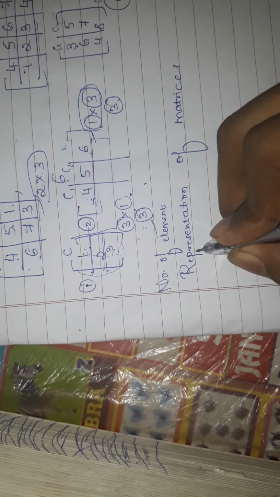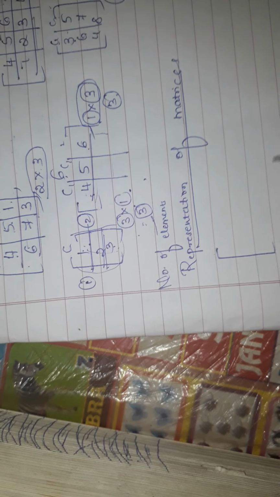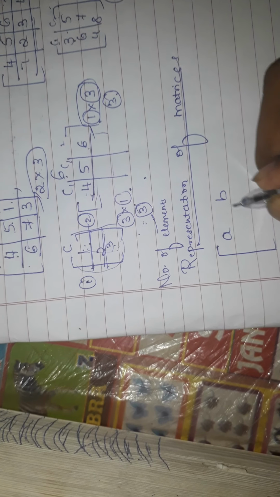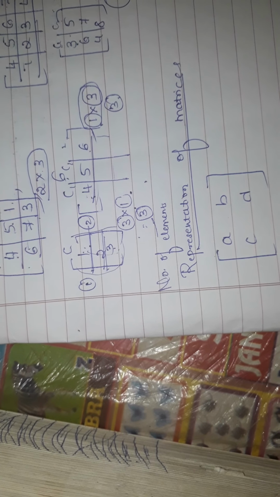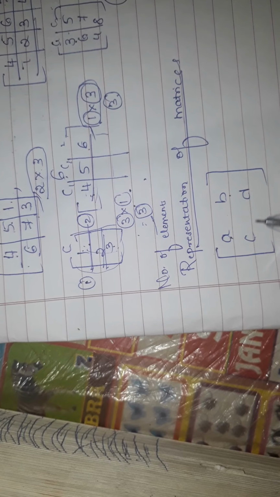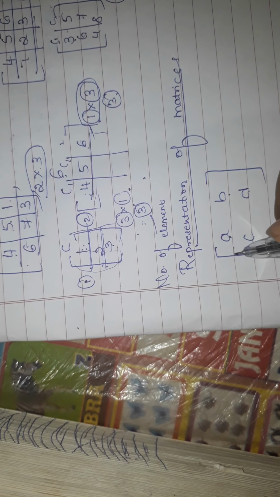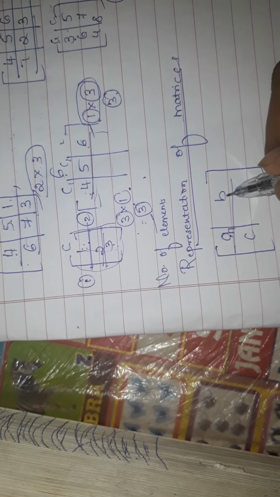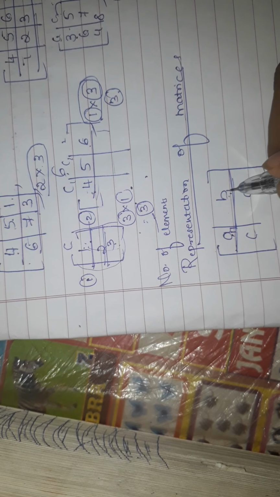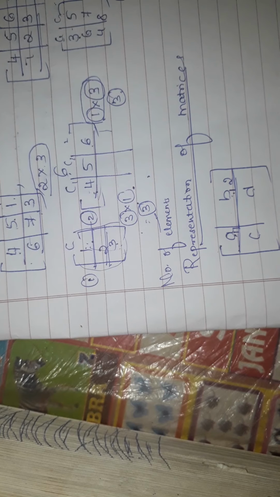or naming of matrices. See, if I take the elements A, B, C, D, we need to write at what place A has, B has, C has, D has. This is the first row and first column, so it becomes 1 1. This is in the first row only, second column, so this is 1 2.